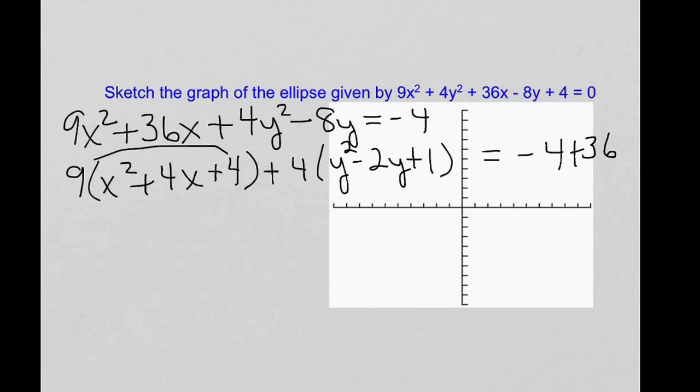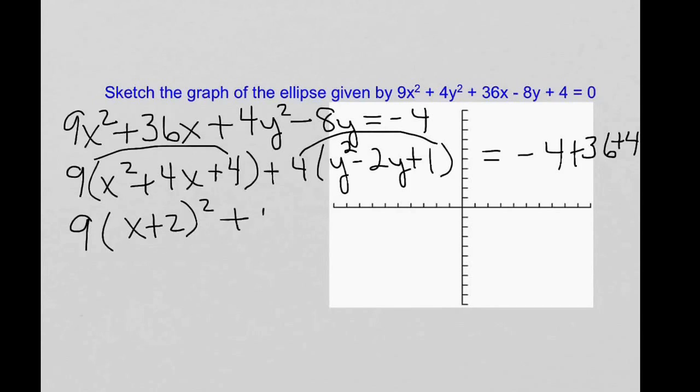What I really added was 4 times 1, which is plus 4. Now to simplify this down a little bit, that's 9 times (x plus 2) squared plus 4 times (y minus 1) squared. And that's all equal to, well, the negative 4 and the positive 4 cancel each other out and leave me with 36.